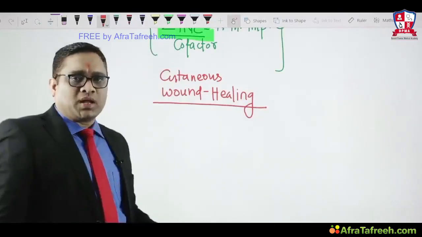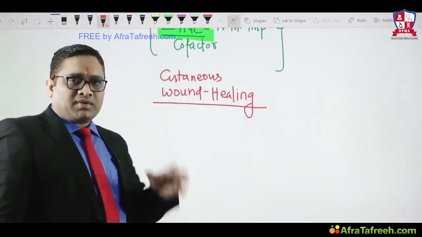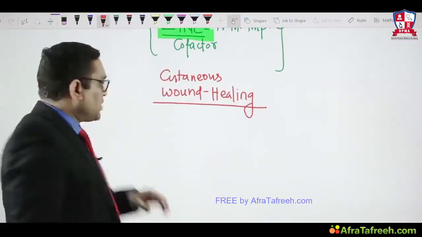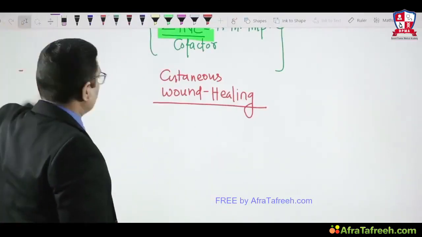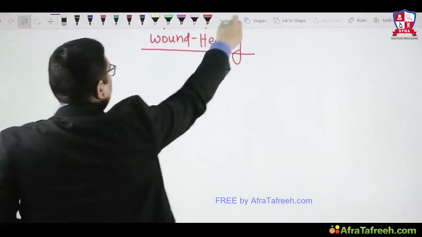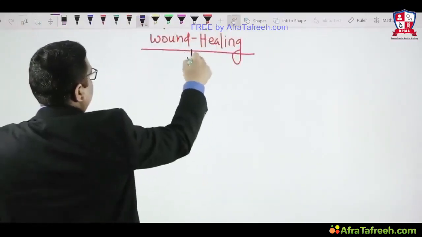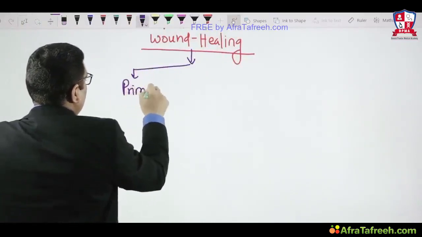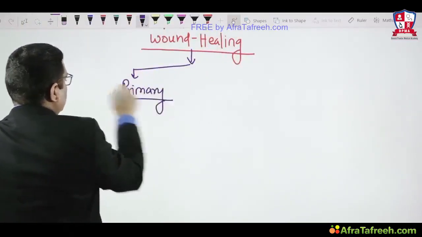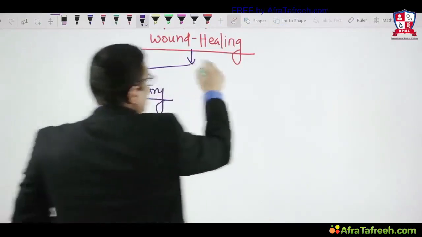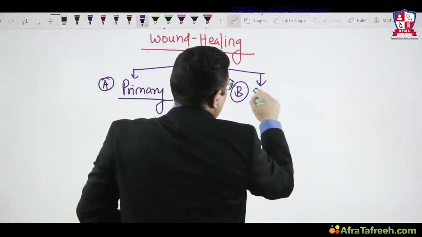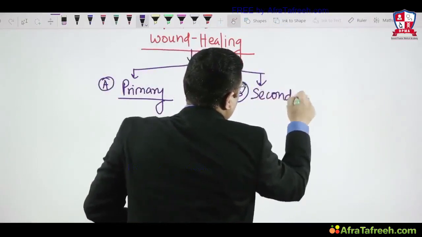In cutaneous wound healing, we can divide it into two categories: primary cutaneous wound healing or secondary cutaneous wound healing.